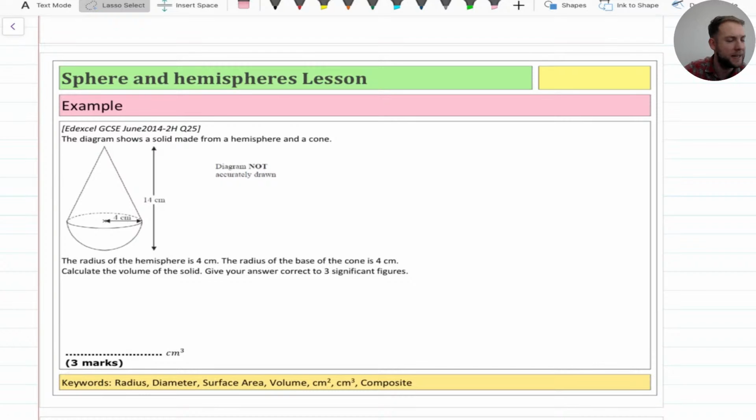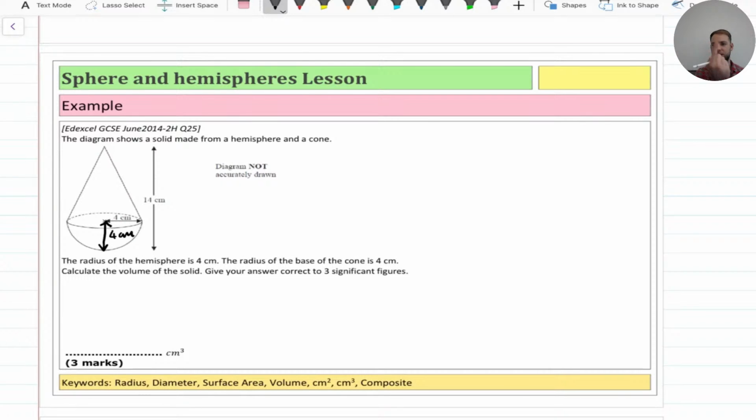Now, the thing that makes this a little bit tricky is the fact that you've got to split it up into 2 parts. And what people don't realise is that when you've got the radius, it doesn't matter in a sphere where that radius goes, it's always going to be 4 centimetres. So the point I'm trying to make is that this here, from the centre of that hemisphere down to the bottom, is also 4 centimetres.